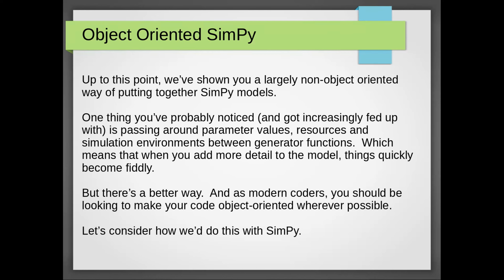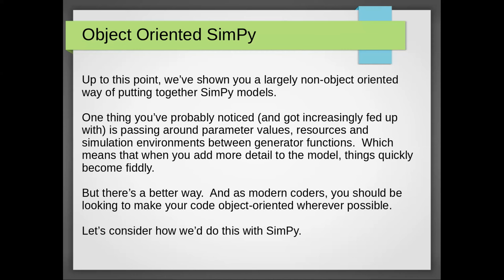And the thing, as I say, you've probably noticed, even in the relatively simple examples that you were working with last time, is that you had to pass everything around to all the functions. So when you started up your simulation, you had to start up your generator functions. And even if you just have one, that was a bit of a pain, particularly if you had lots.